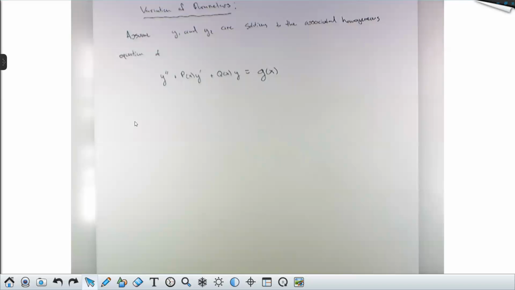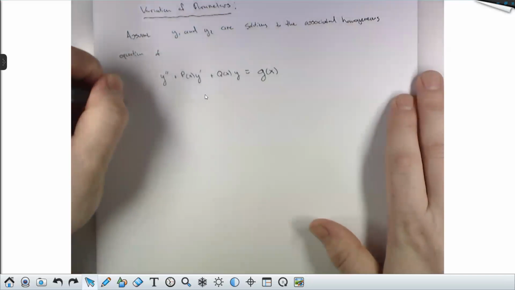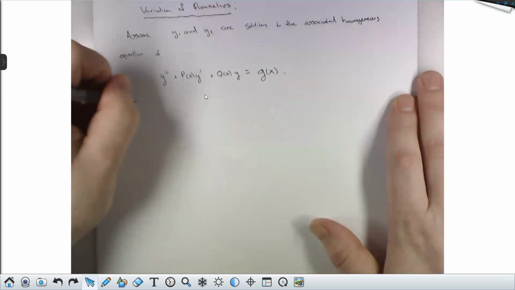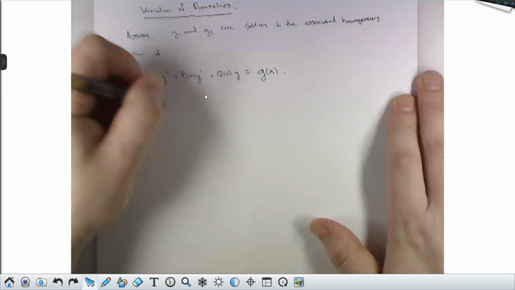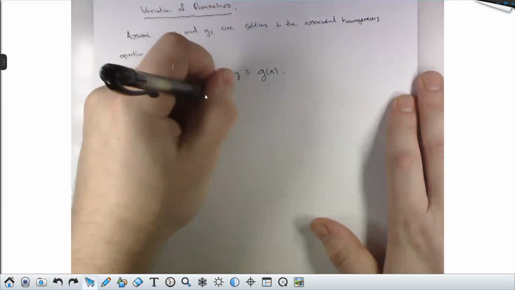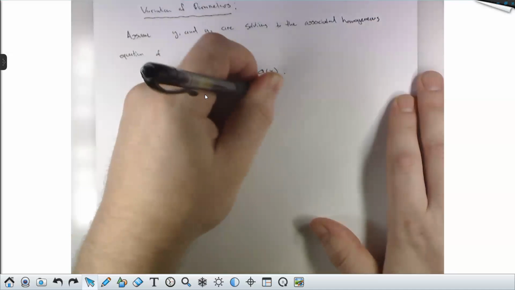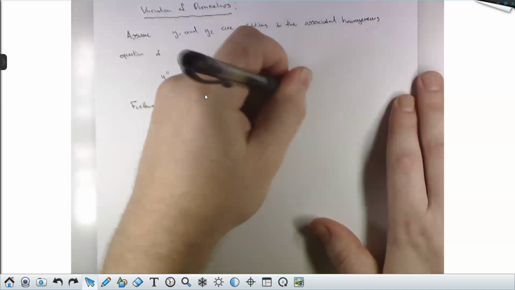It can work in the non-constant coefficient case. But finding these so-called null solutions, finding y1 and y2, is hard if p and q are not constant. Okay, further assume that yp is of the form u1 of x times y1 plus u2 of x times y2 for some functions u.